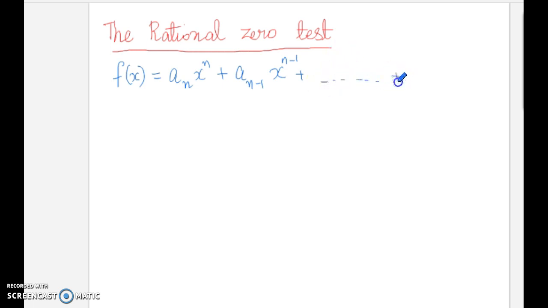It keeps on going till you have a_2 x squared, a_1 x, and a_0, which is a constant. Okay, this is just a general way to write polynomials.